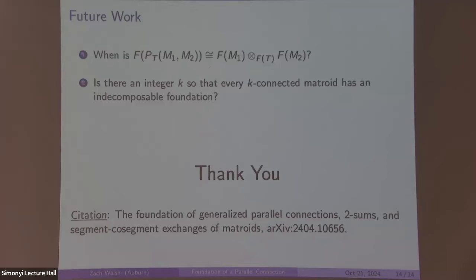If M2 is the graphic matroid of K4, then this is an isomorphism, even if T is not a flat of M1. And I should say, there is a generalization of delta-Y exchange called cosegment exchange. We also proved that this is an isomorphism for segment and cosegment exchange, so we do have an infinite family.